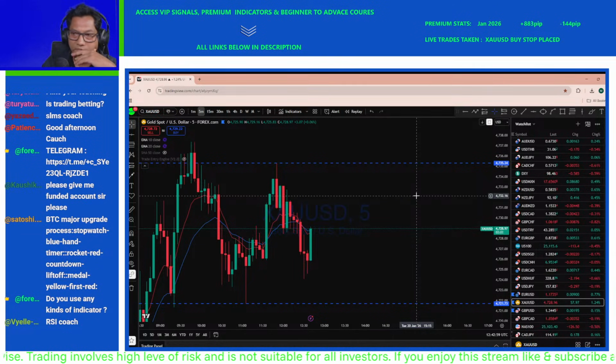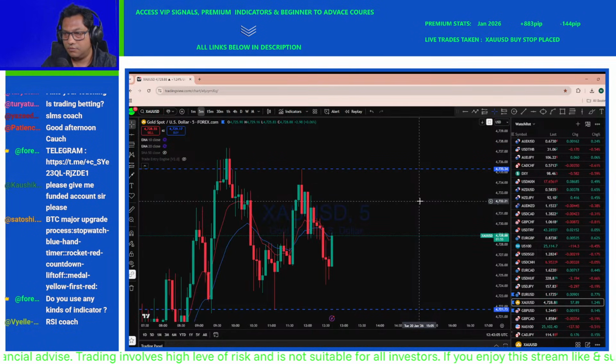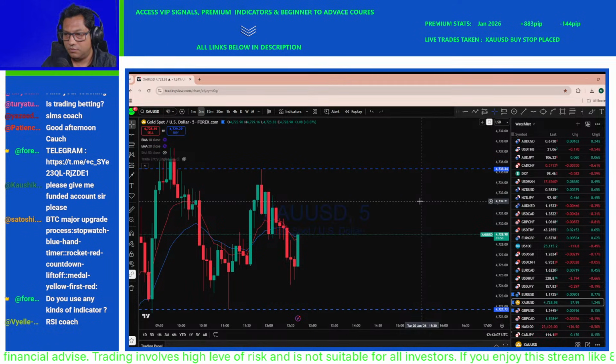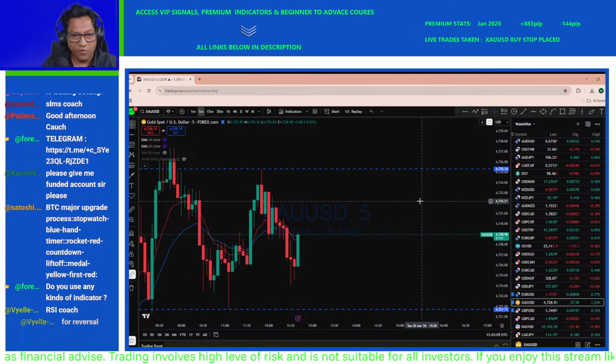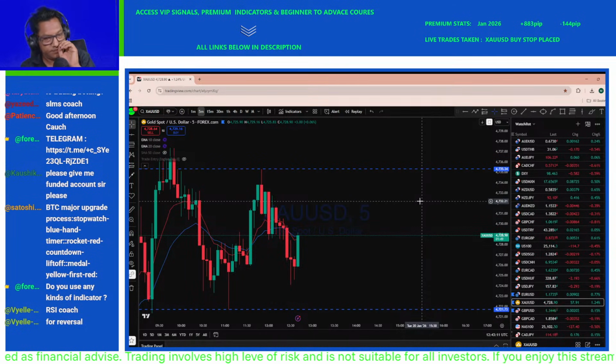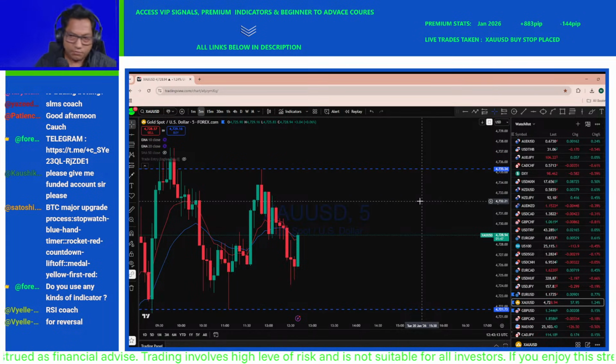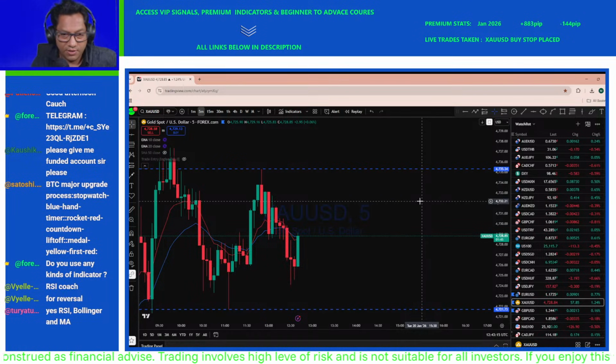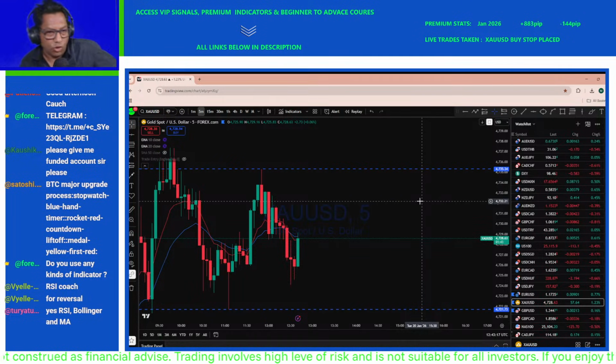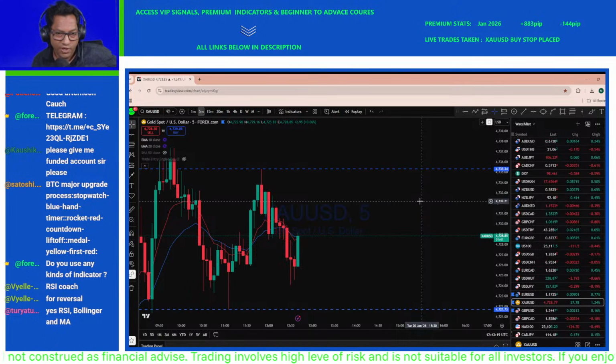RSI. Okay. Anyone else different? Anything do you use anything different? For reversal, okay. Anyone has any different? RSI, Bollinger Band, moving average, okay.